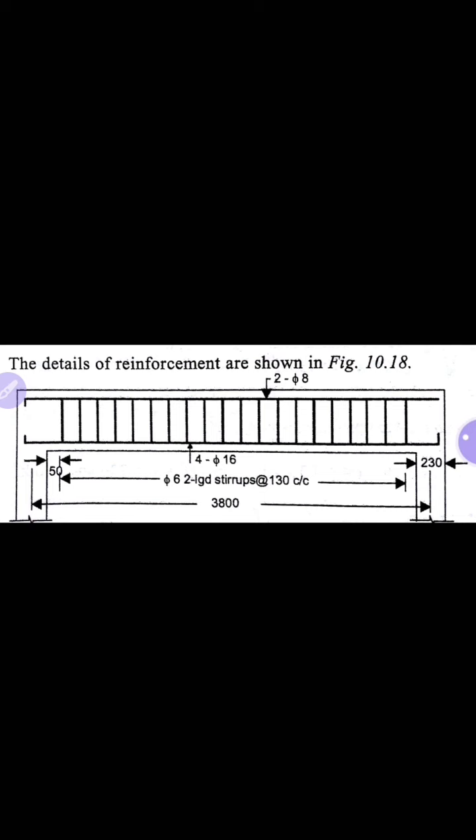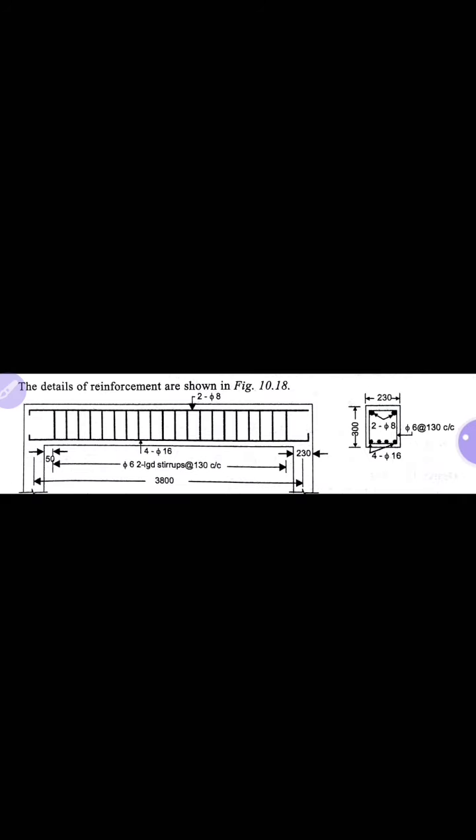Over the support top surface we definitely have to provide, because the code suggests that 1/3 of the main reinforcement we need to provide at top. Here bent up bars are not required or not provided, and not even bottom bars are curtailed. Fine. So this is, in all, the design of the plinth beam.